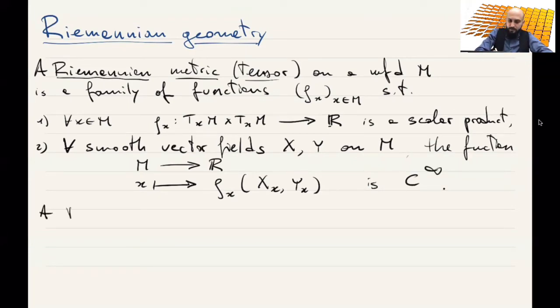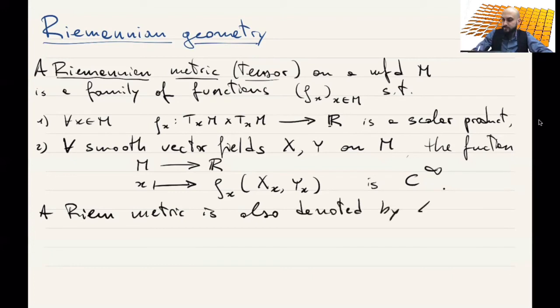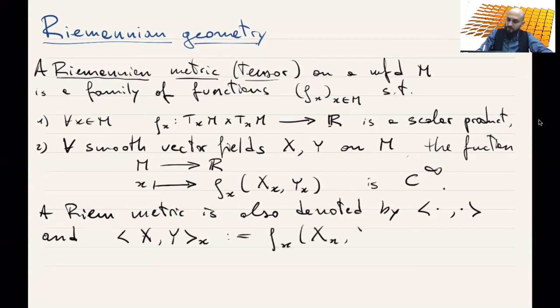A Riemannian metric is also denoted by just the standard symbol of scalar products, but with the idea that when you write it for two vector fields x and y, this is just the above function rho at x of the vector fields at x.